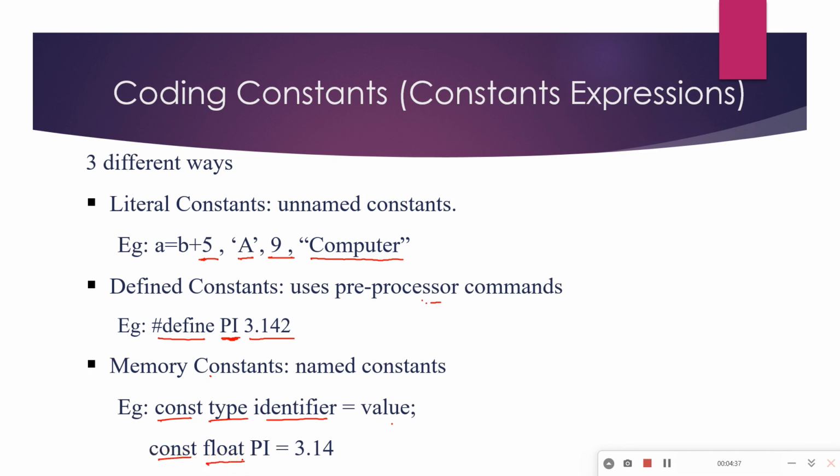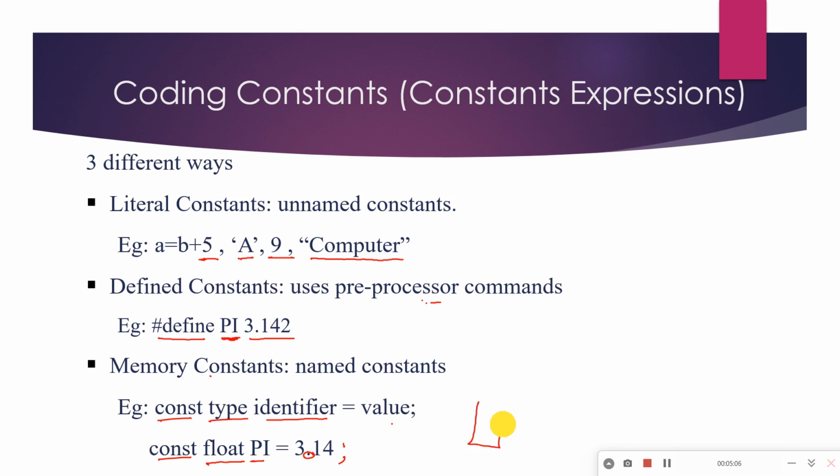I didn't explain data types till now; I will explain in the upcoming videos. Float is a floating point constant we already know, right? Since we have a decimal point in the value, I have taken float, then pi equal to 3.14. So here we fix the content of the memory location, that is pi, to 3.14.